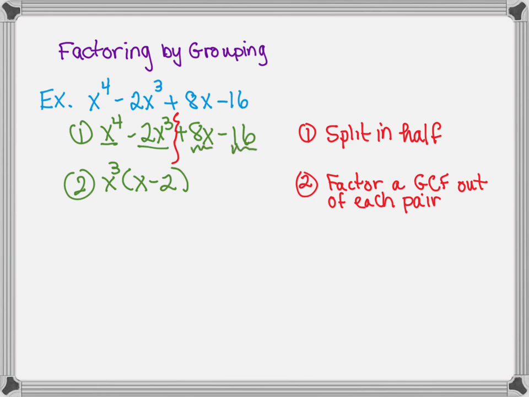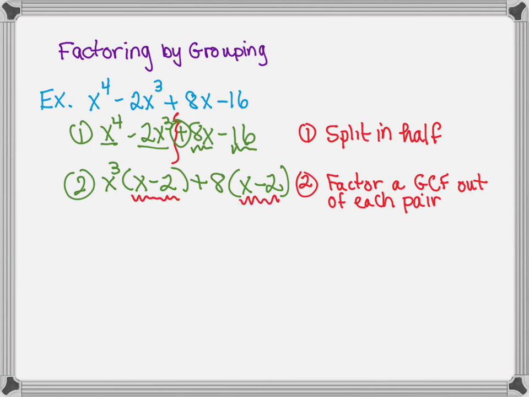My greatest common factor is 8. My third term is positive, so it's positive 8 that I'm factoring out. If my third term were negative, I would factor out the negative. When I factor out that positive 8, 8x divided by 8 is x. Negative 16 divided by 8 is negative 2.